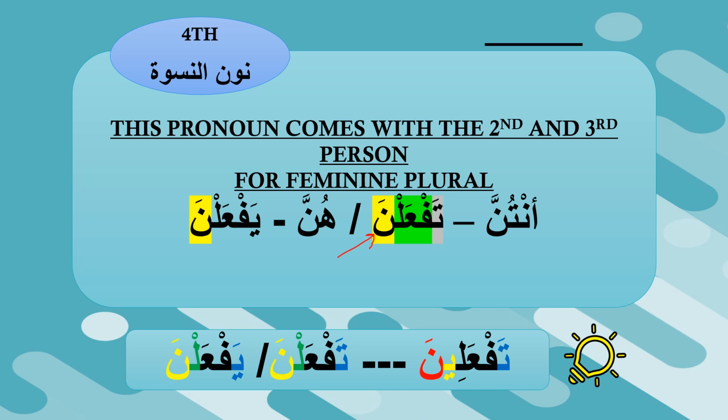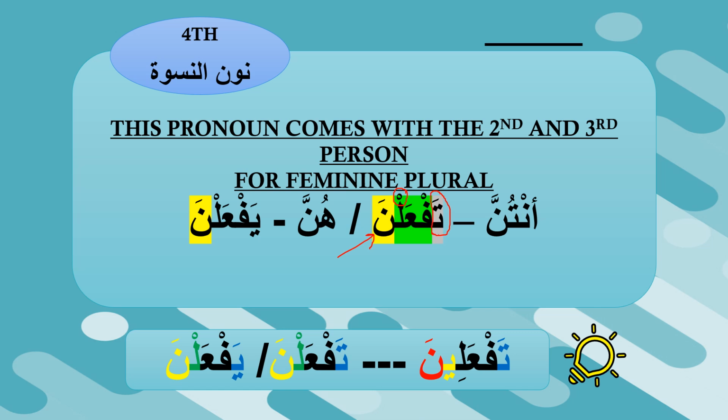Because it looks similar to the extra noon, noon kasra, noon fatha from the mukhatib ones, as you have seen. Only the sukoon before it is the proof that tells you that this is the noonun niswa and not the extra noon. And the ta letter tells you the mukhatib group, taf'alna.